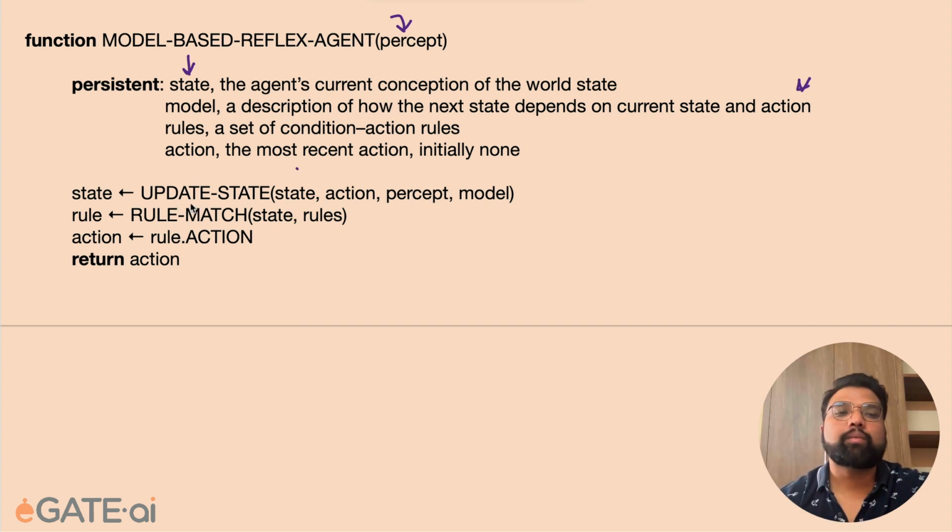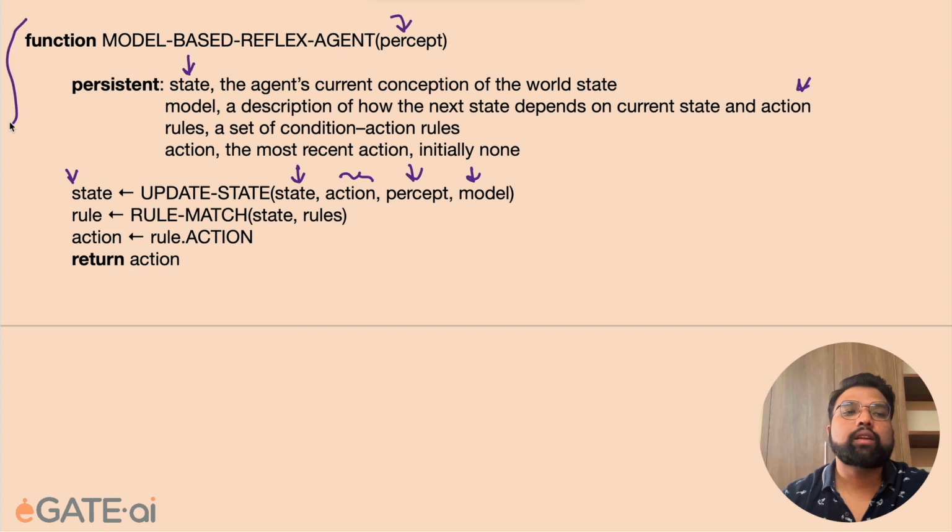As you can see, the update-state function takes the current state, the most recent action, the current percept and the model. Then it gets the updated state, this updated state is matched with the rules, and we get the action according to the particular condition-action rule, and we return the action, right?